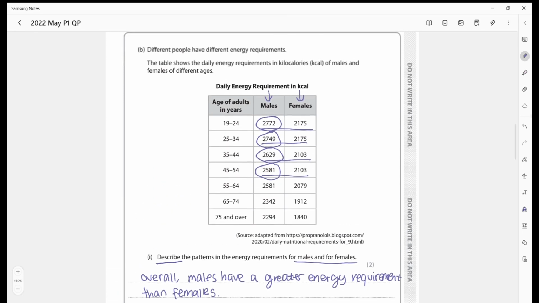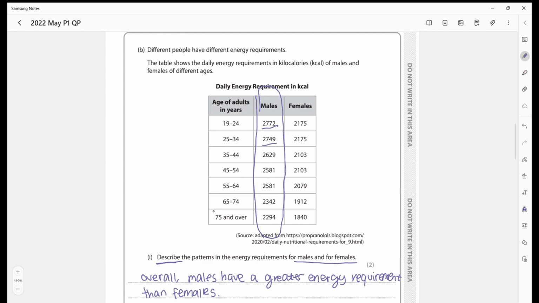Another one, let me just erase this. We could also compare in terms of the ages. So let's compare this entire column here, right? If we look at the younger males from age 19 to 24, they require about 2,700 kilocalories.